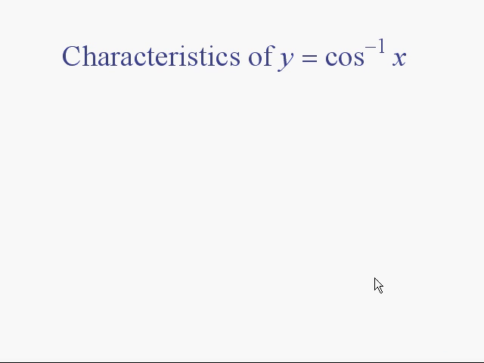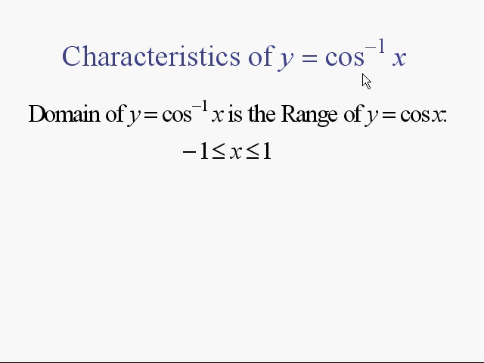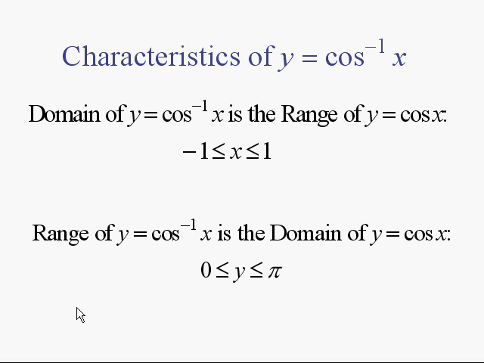So, thinking about how it works for algebraically defining an inverse function, for cosine inverse, the domain of cosine inverse is the range of the function it was a cosine of, that is values between minus 1 and 1, and the range is the domain of cosine of x, that is the domain of the restricted function, and we picked angles between 0 and pi, angles in quadrant 1 or 2, to make values come out.